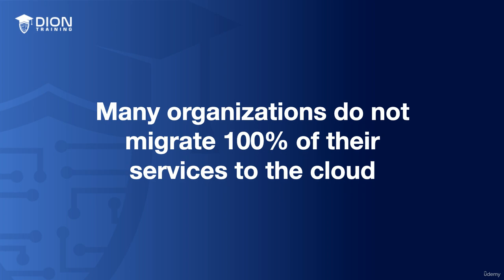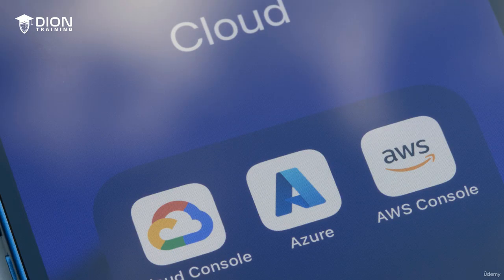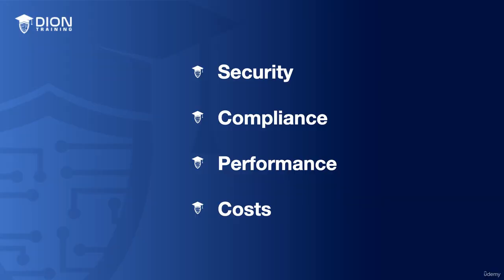Now, a great real-world example of this might be if you had a company that wants to move its on-premise workloads into a public cloud platform like AWS, Azure, or GCP. This company would conduct a cloud assessment to evaluate its readiness of all of its different applications and dependencies for moving them into the cloud. And they'll take into consideration factors such as security, compliance, performance, and cost when making that decision.